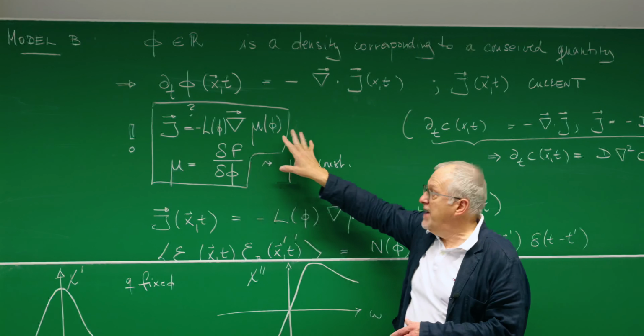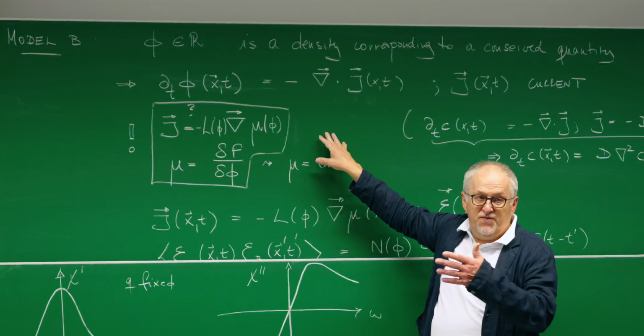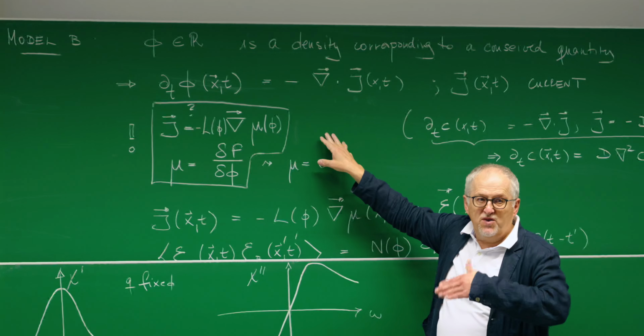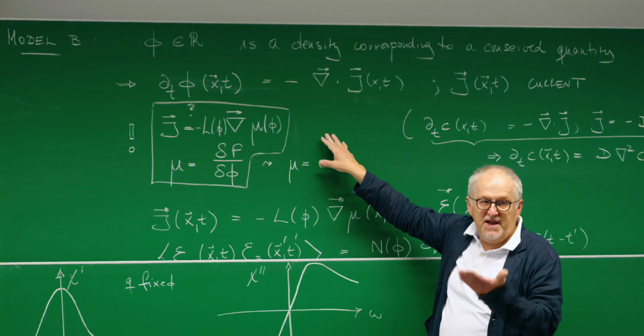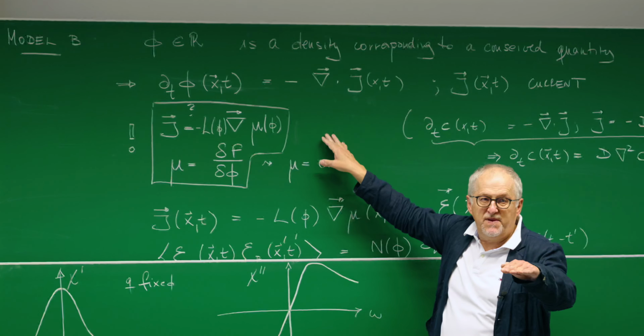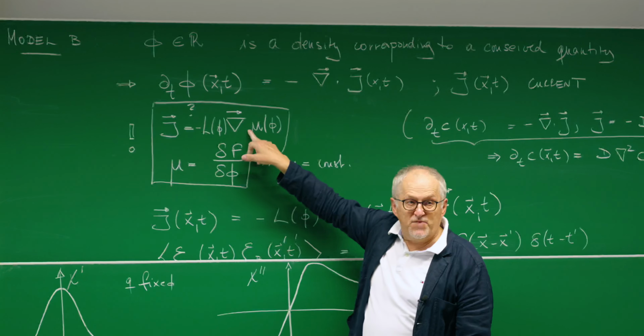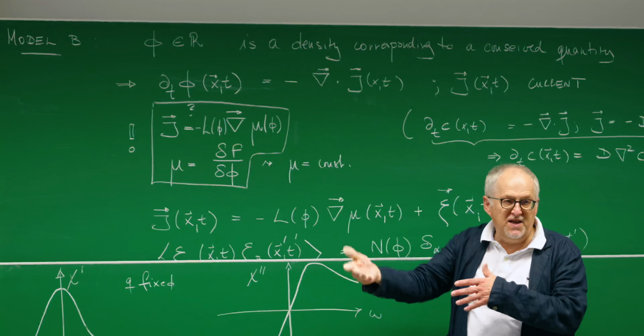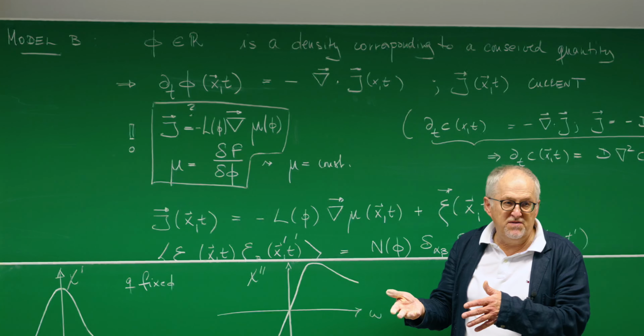This is based on saying, well, if you're close to thermodynamic equilibrium, then what makes you go back to thermodynamic equilibrium is the tendency of chemical potentials becoming flat in space and time, especially flat in space. So the currents should somehow be related to those gradients in the chemical potential.